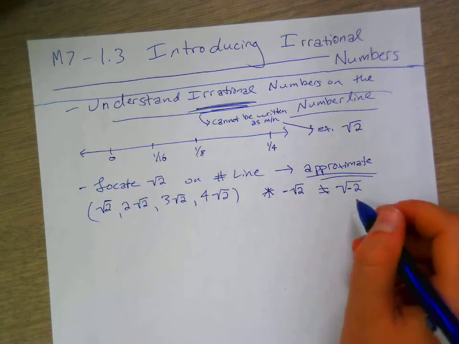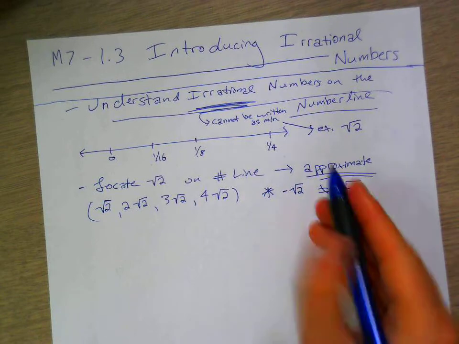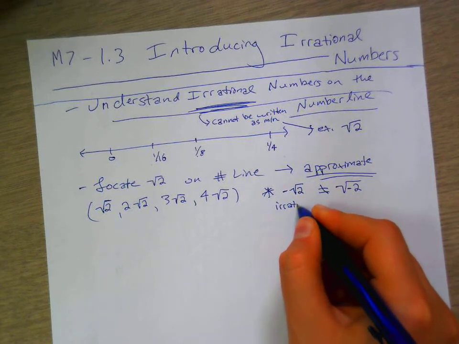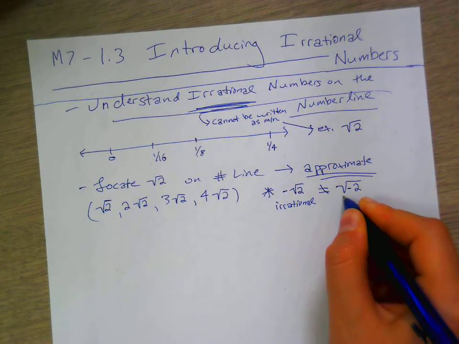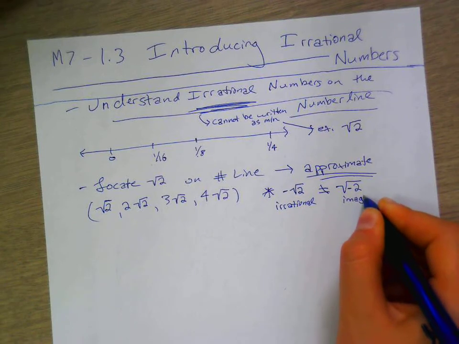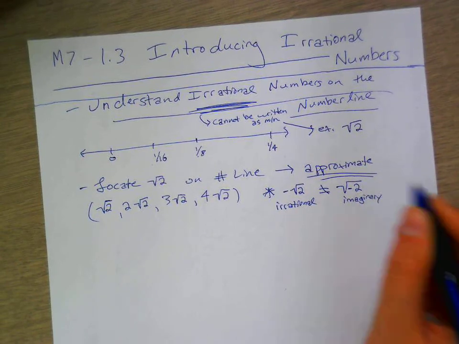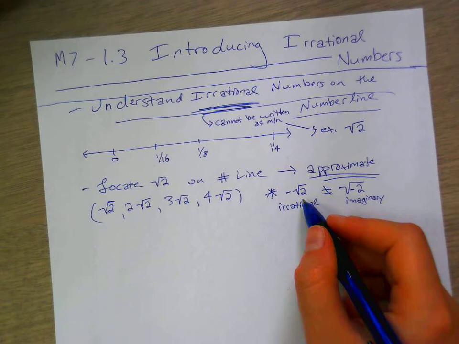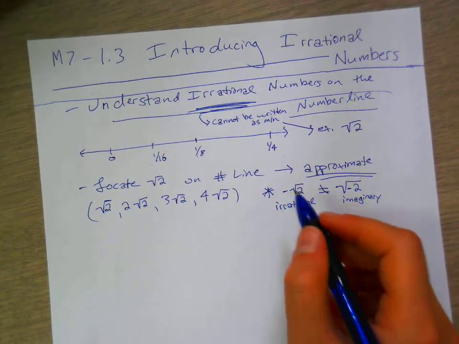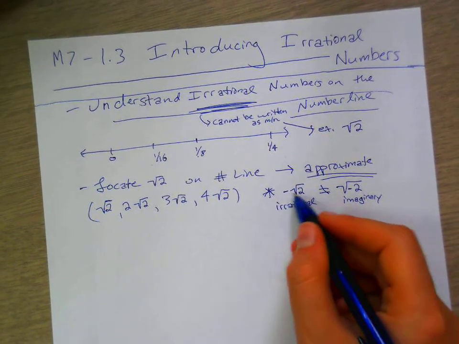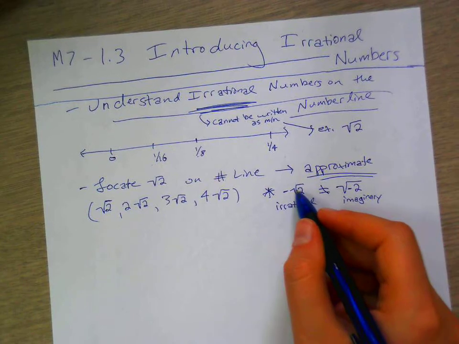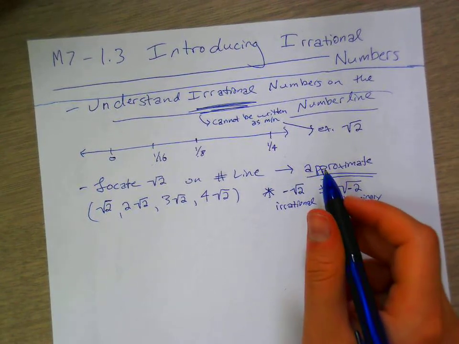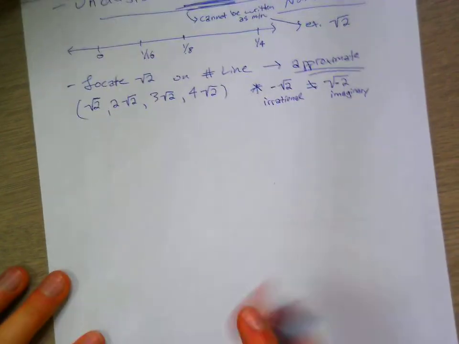We're just talking about irrational, not imaginary. Okay, irrational, that is where we're at. The negative sign is outside of the square root. It's not included.